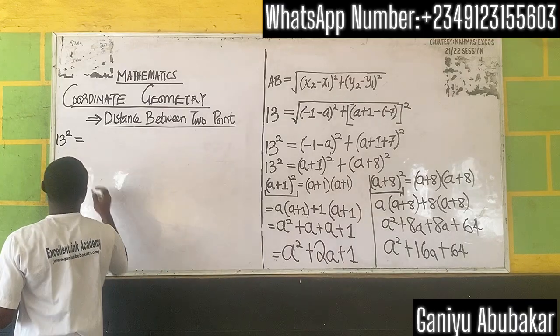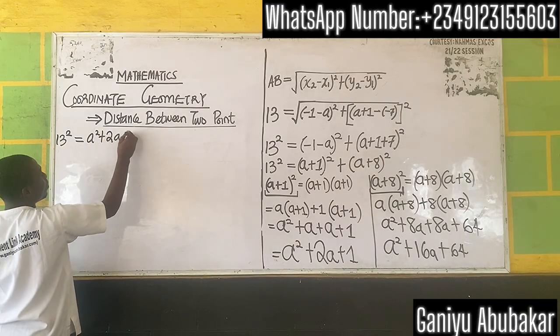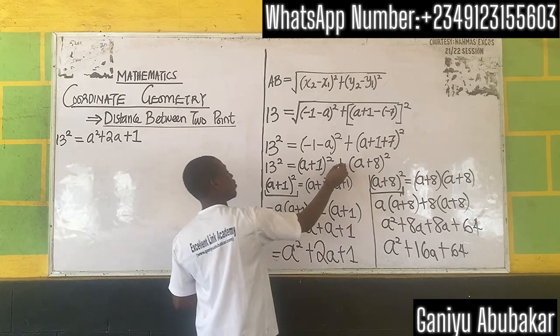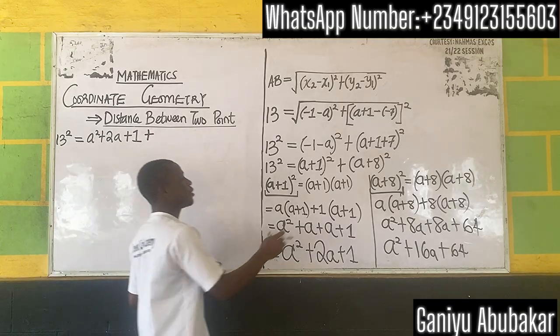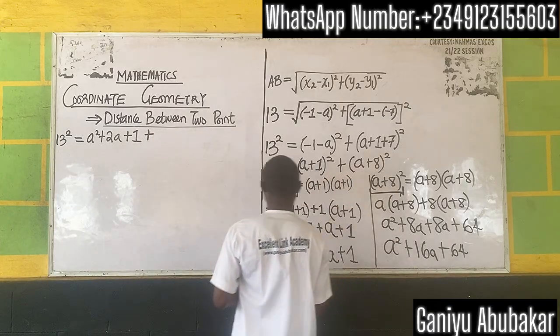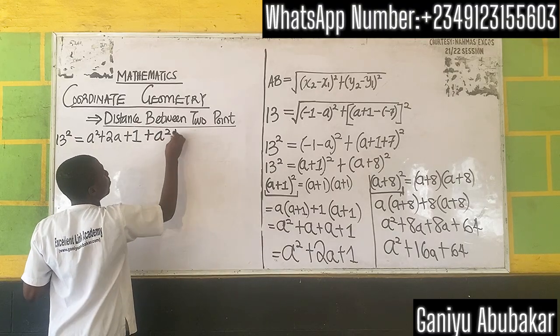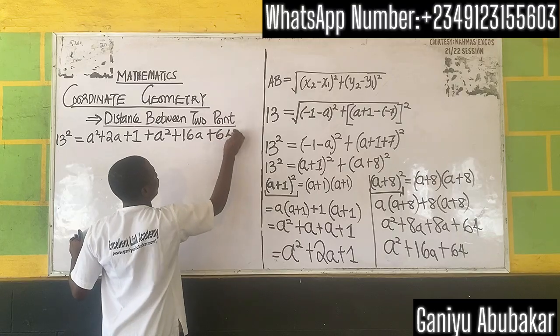That's A squared plus 2A plus 1, right? Then this plus sign plus, if I expand this one here, I have this answer here. That gives me A squared plus 16A plus 64.